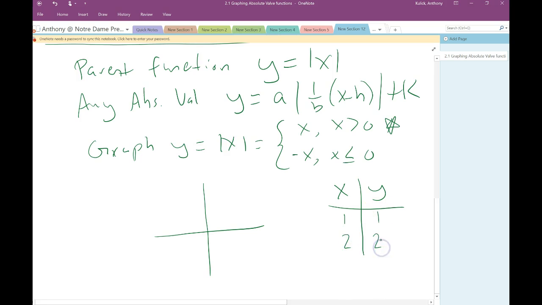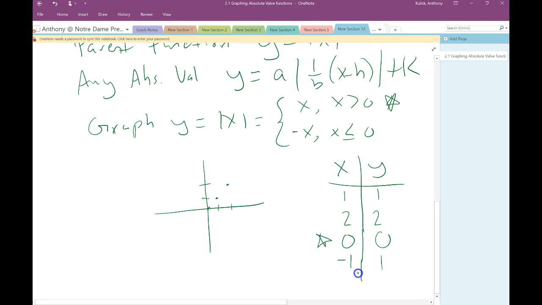In that case, y becomes 1 and 2. And I bet I include 0. When I plug that in, I get 0. But remember, I'm going to put a little star here because 0 is not a member of that. That's actually moving into here. And then if I pick negative 1, that goes into there. But I still just have a linear function over here, right? This is still just a linear function, just y equals negative x.